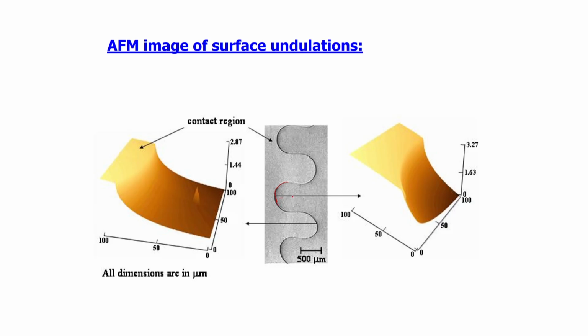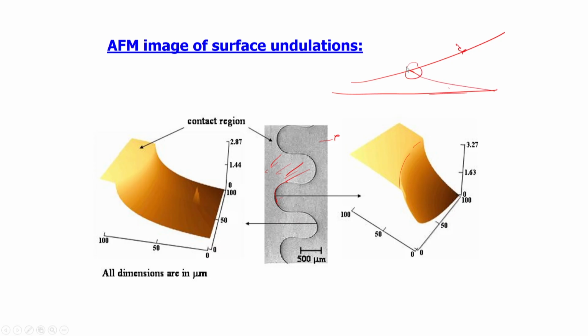So, at these points the picture looks like this. There is a sharp fall in the film surface at this point. This portion is in contact, this portion is not in contact. So, at this location the AFM picture looks something like this. There is a sharp fall in the thickness, or the gap sharply increases between the top plate and this surface. Remember that this is the cover plate, and this is the film.